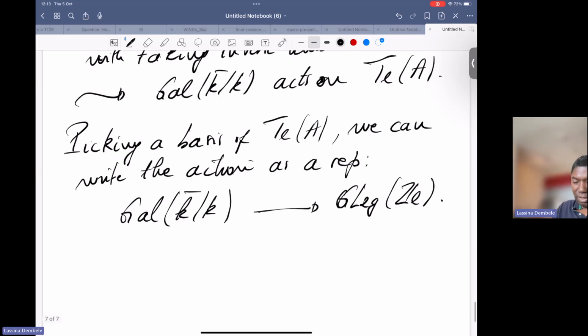Okay, so this gives this L-adic representation.